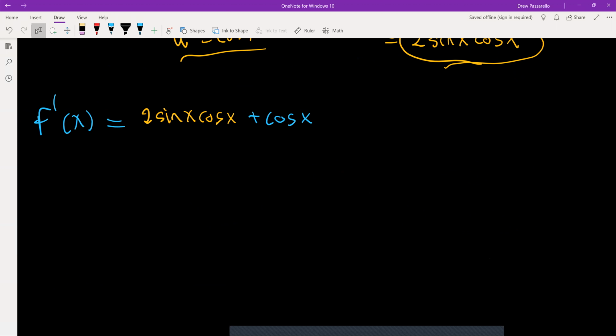Now, we need to find critical numbers. There's no case in which sine or cosine do not exist. So we only focus on when its derivative is 0.